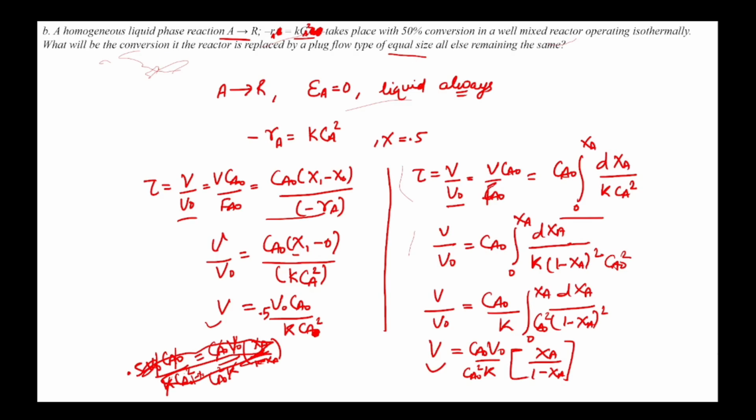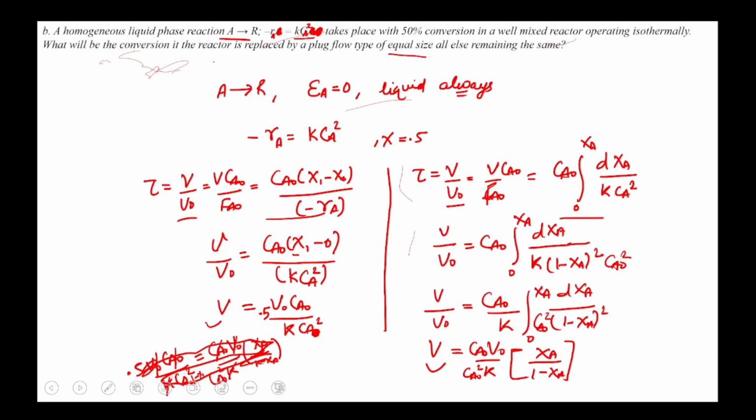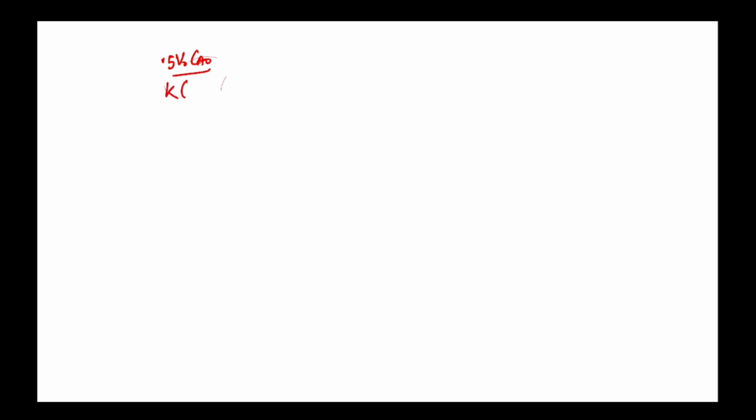So equating the volume of the PFR to the volume of the CSTR: 0.5 V naught CA naught upon k CA naught square (1 minus 0.5) square is equal to CA naught V naught upon k CA naught square times x upon 1 minus x. The CA naught, V naught, and k terms cancel.